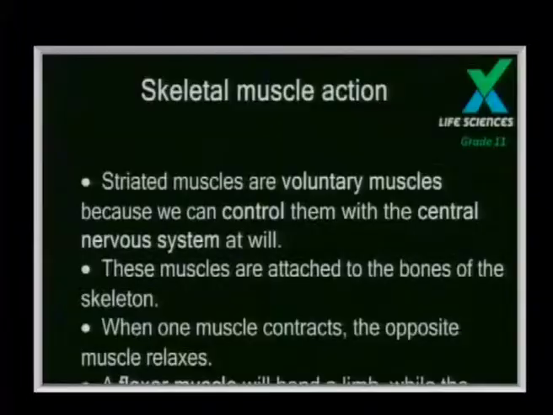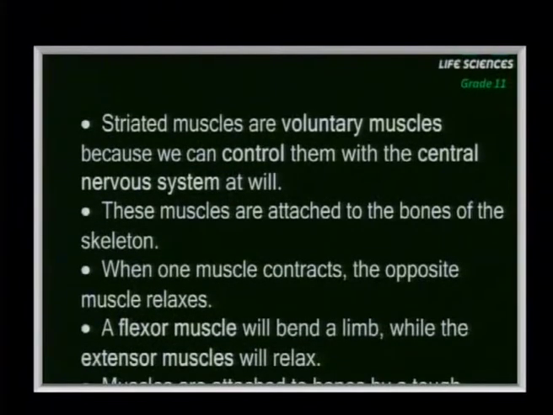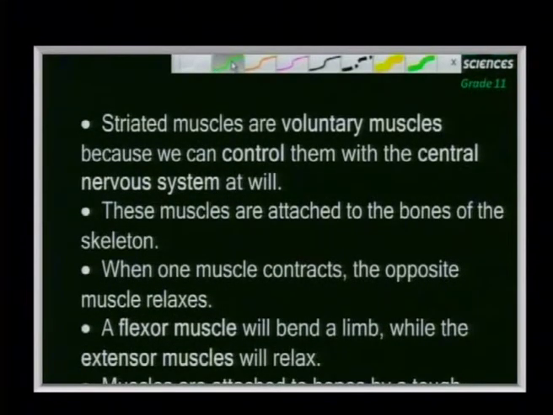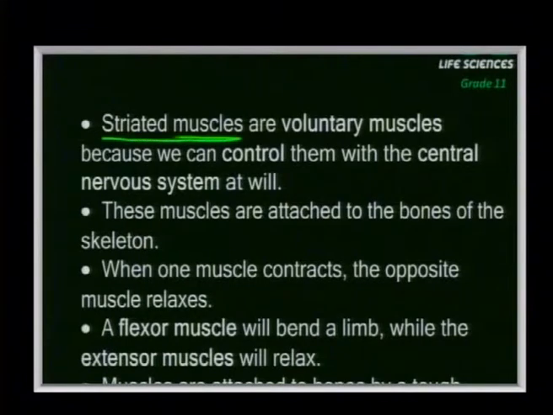So skeletal action, we have striated muscles. Okay, now let's see if you remember all of this from grade 10. You had 3 types of muscle tissue that you learned. Number 1, well, we'll start from the outside and work in.